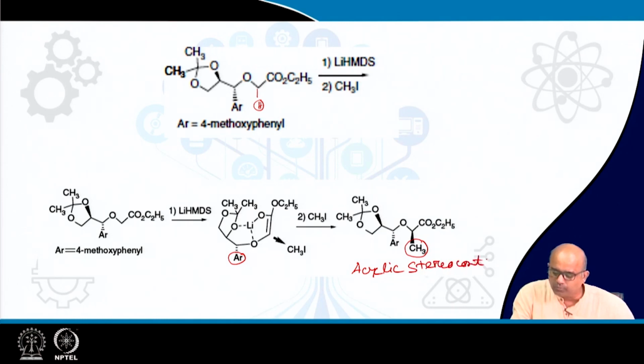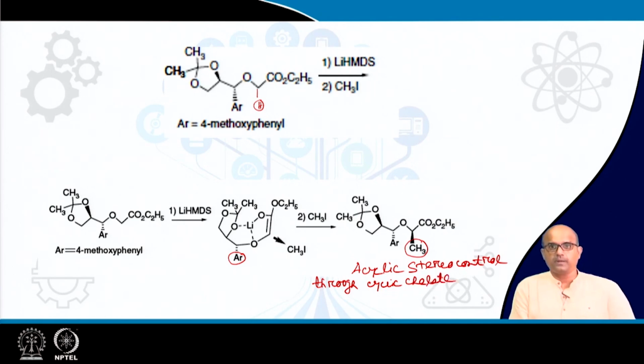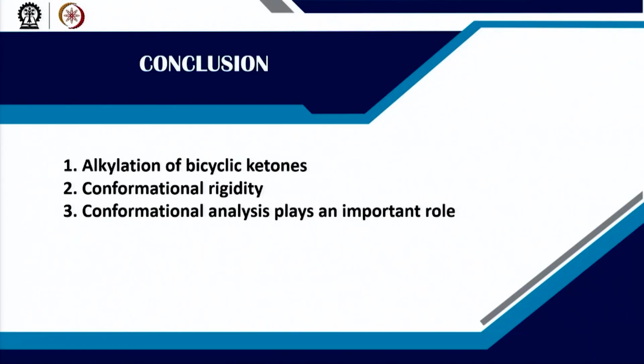So, it can also be categorized as acyclic stereo control through cyclic chelate formation. So, on one side it becomes acyclic stereo control, on the other side it becomes cyclic stereo control.